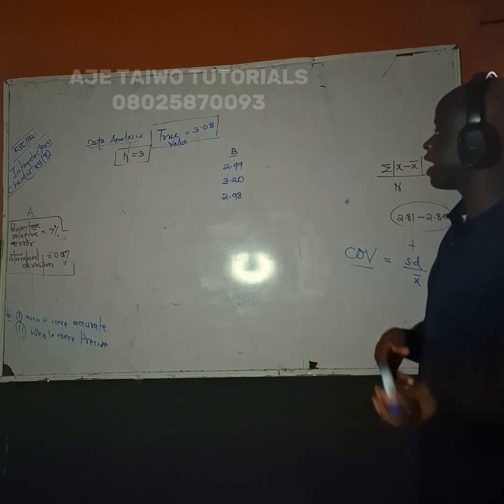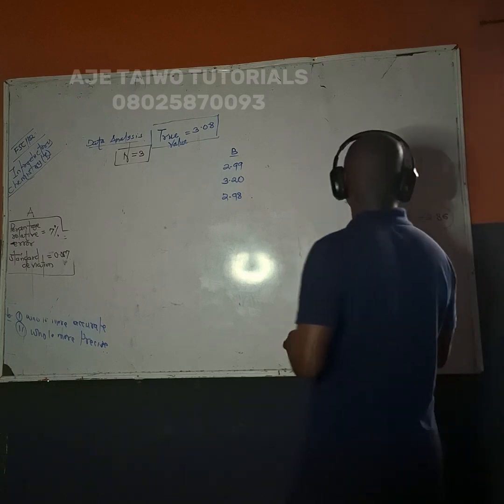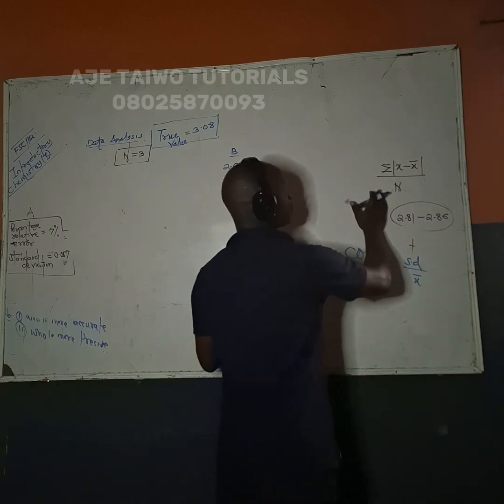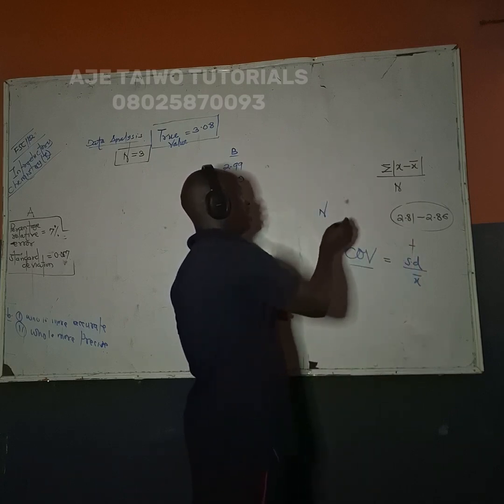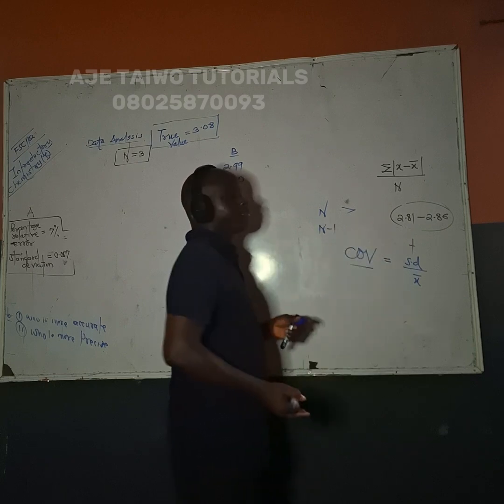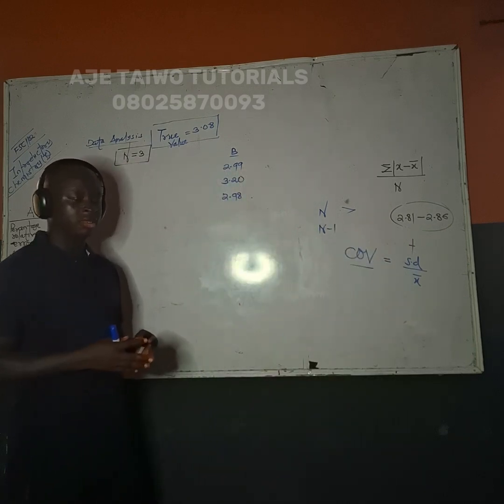Besides, it's a formula. For mean deviation, it is n. For standard deviation, it can be n if you have a large data, and n minus 1 if you have smaller data.